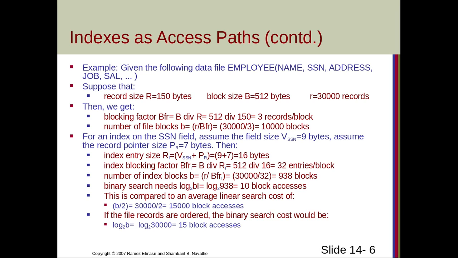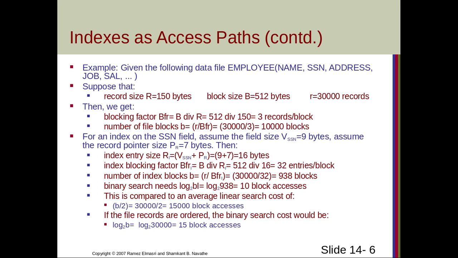Suppose we are not having any indexes, then for accessing a particular record in a file of 30,000 blocks, you should have an average of B by 2, that means 15,000 block accesses. If the file records are ordered, the binary search cost would be log B to the base 2, log 30,000 to the base 2, so 15 block accesses are needed.